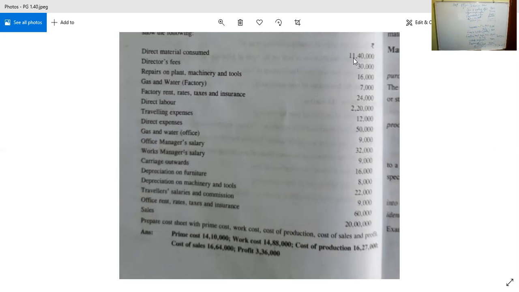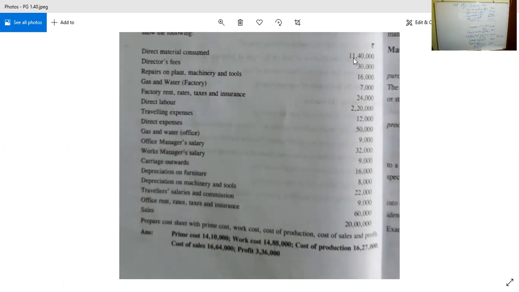So it is 9,000 plus 32,000 plus 8,000 plus 60,000 plus 30,000, that is 1,39,000. Plus 14,88,000 is 16,27,000.